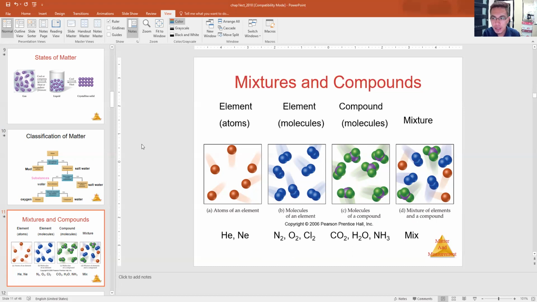There are certain elements that exist in elemental form but also exist as diatomic. They can be gaseous in form but with two atoms. For example, N2, oxygen, and chlorine.